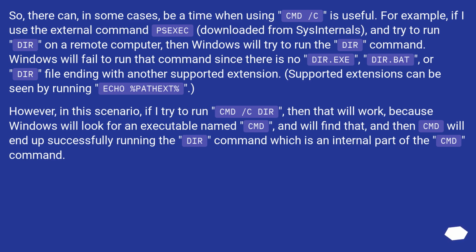Supported extensions can be seen by running echo %pathext%. However, in this scenario, if I try to run cmd /c dir, then that will work, because Windows will look for an executable named cmd, and will find that, and then cmd will end up successfully running the dir command, which is an internal part of the cmd command.